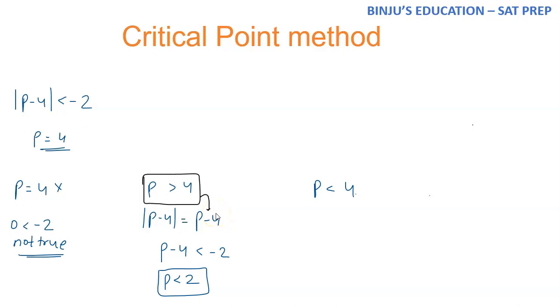Using the fact that p is greater than 4, I am able to say that mod of p minus 4 is equal to p minus 4.